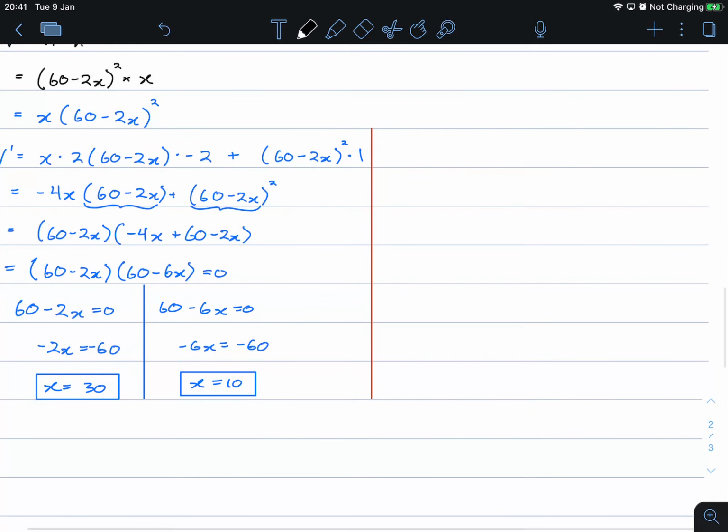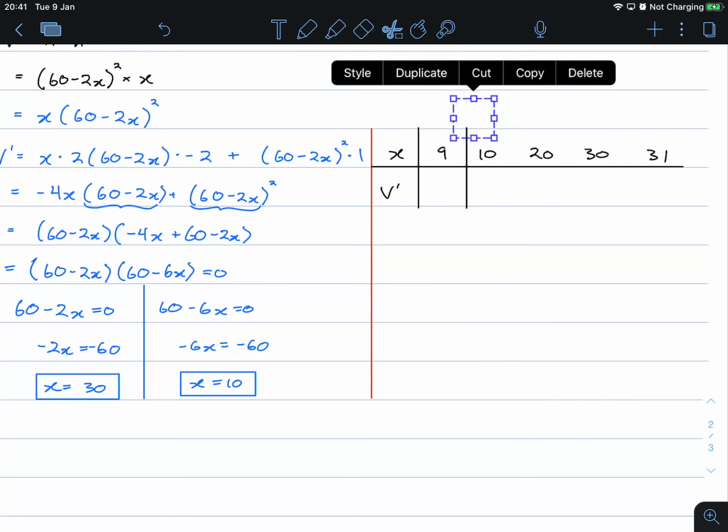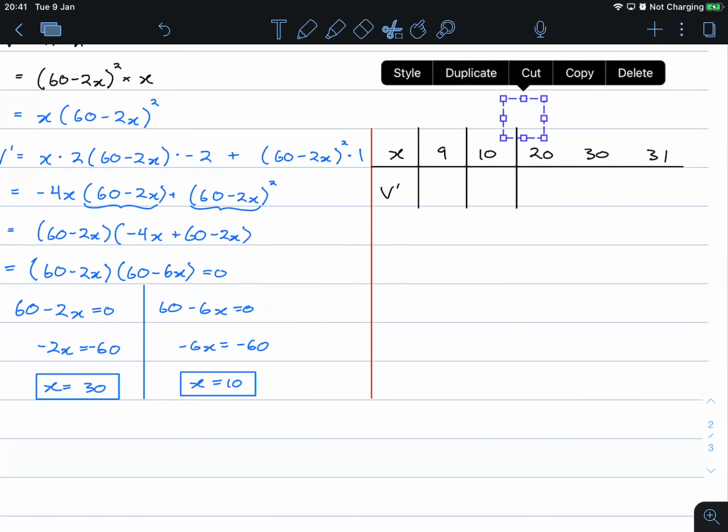So my x values are going to be 9, 10, 20, 30, and 31. The reason for this is I have my critical points at 10 and 30, and I'm just picking values above and below them and in between.